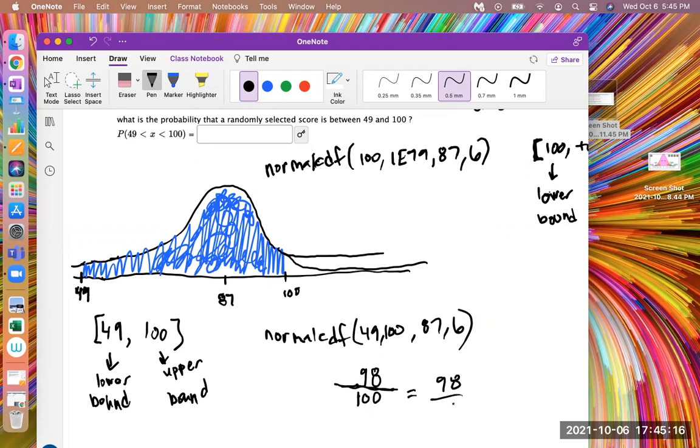So 0.98 is equal to 98 over 100. That means that 98 out of every 100 times, you're going to get a score between 49 and 100. So it's very likely that you will, and you would say, I'm not surprised that I got a score between 49 and 100.